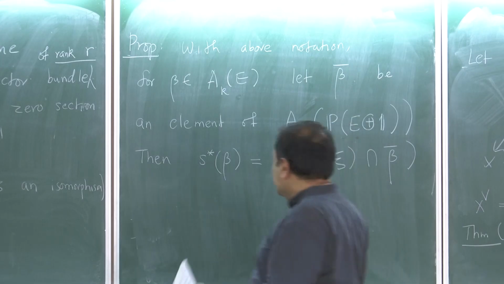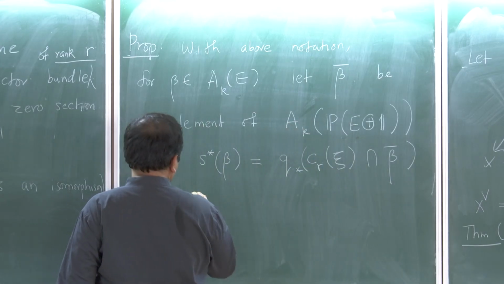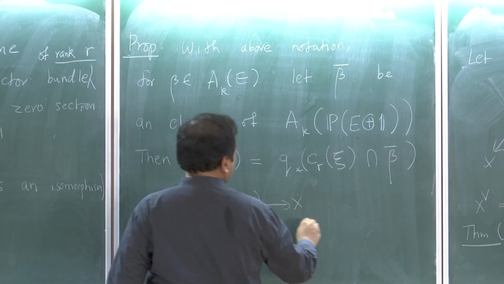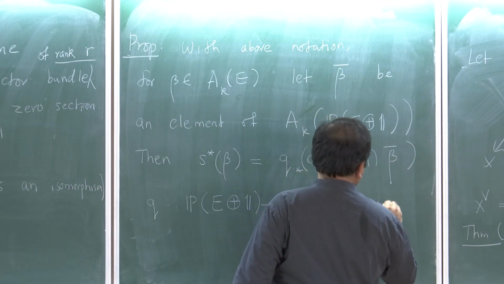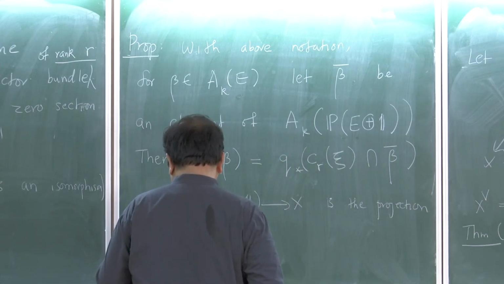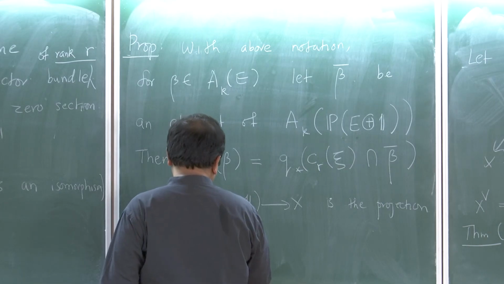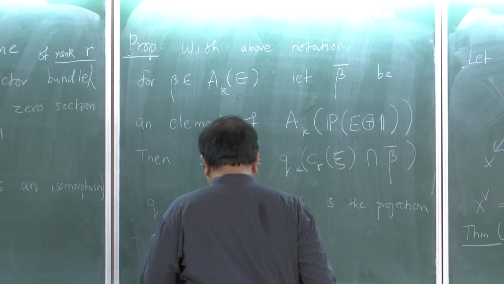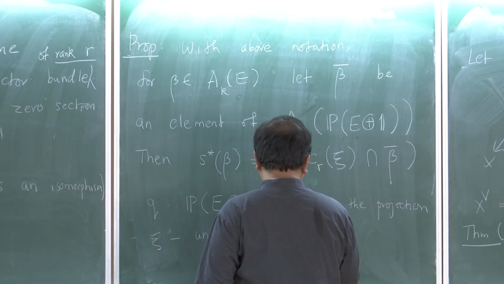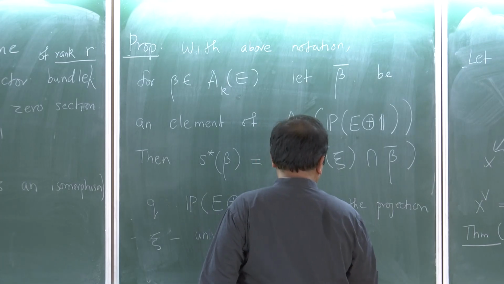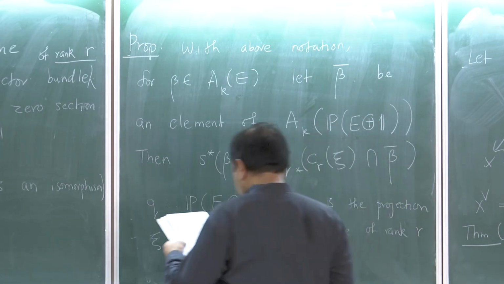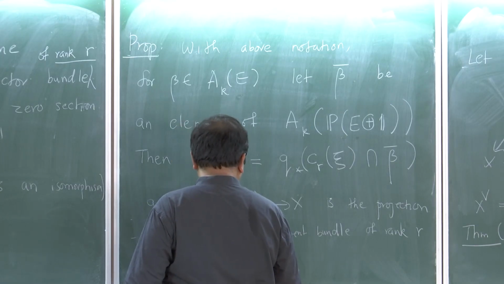So here Q is the projection from P of E plus 1 to X, and psi is the universal rank R quotient, universal quotient bundle of rank R on P of E plus 1.